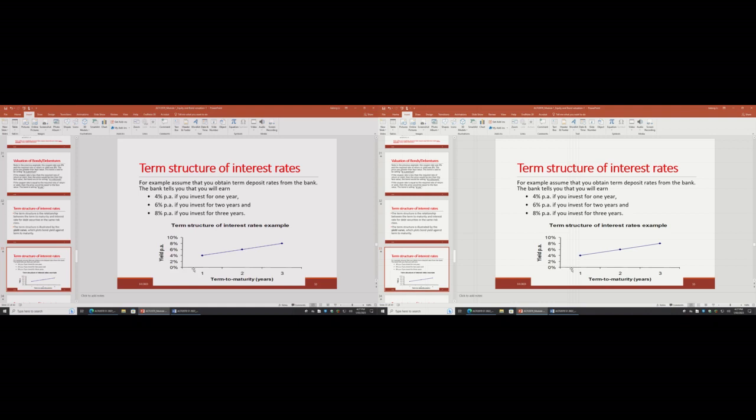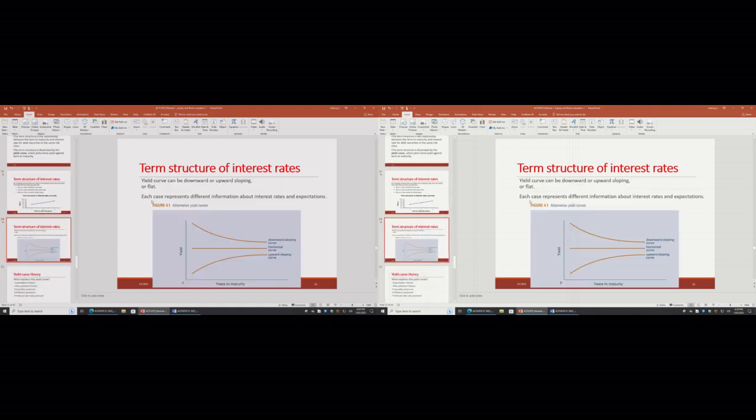The longer the investment period, the higher annual return you can receive. But there could also be other cases, like the downward sloping curve, even though it's rare to observe in the real world. The downward sloping means that the longer the investment, the lower annual interest rate you can earn.